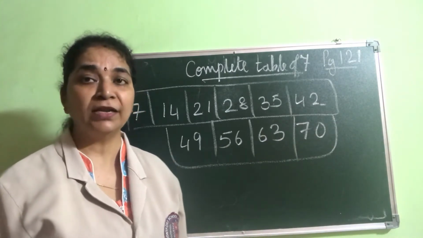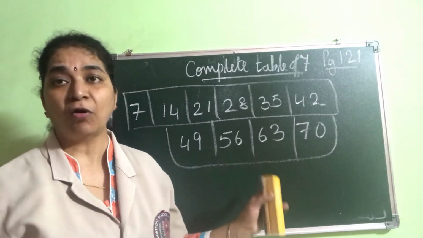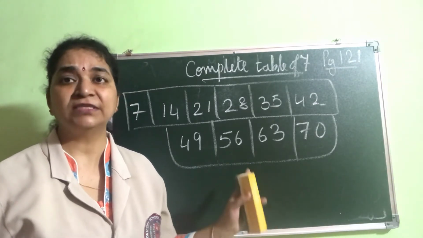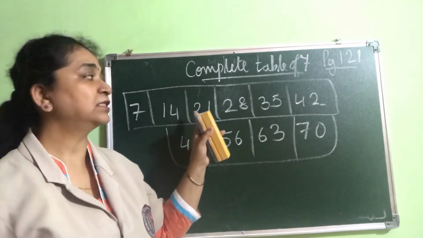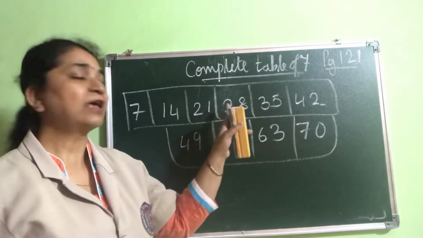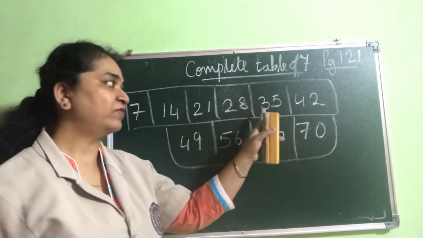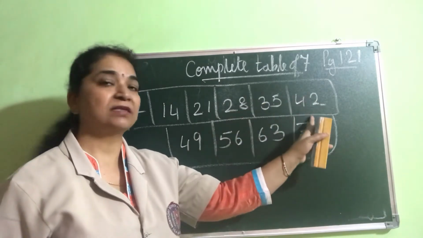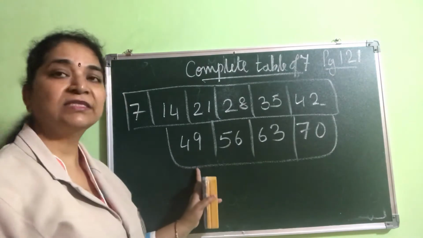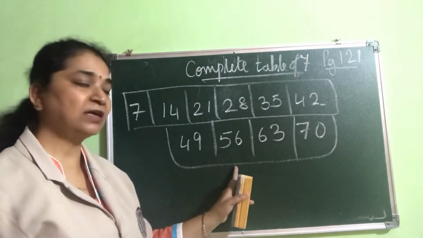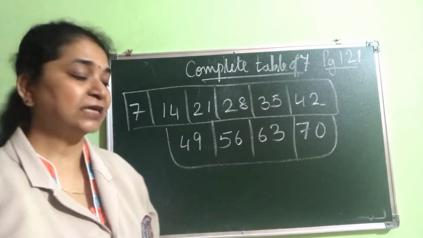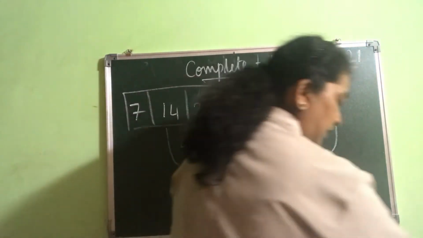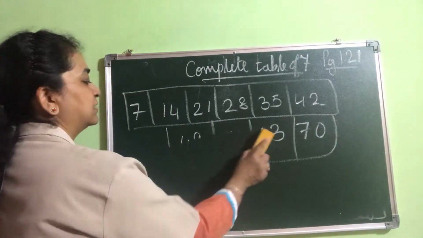This is table of 7. 7 1s are 7, 7 2s are 14, 7 3s are 21, 7 4s are 28, 7 5s are 35, 7 6s are 42, 7 7s are 49, 7 8s are 56, 7 9s are 63 and 7 10s are 70.